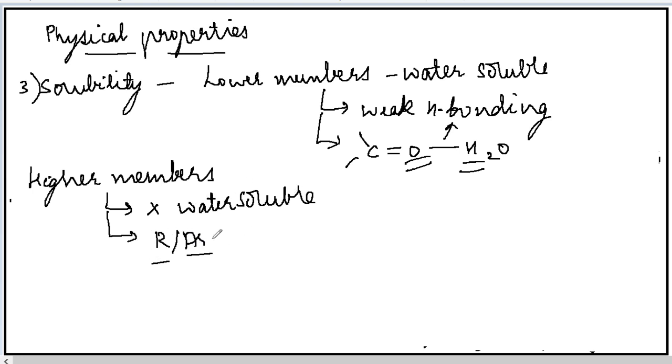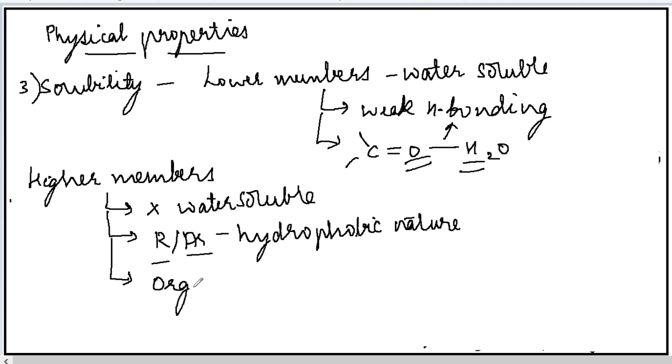As the alkyl and the aryl group becomes larger, their hydrophobic nature also increases, that is, now they start repelling the water. If they have a small alkyl or aryl group, then they will be soluble in water because of hydrogen bonding. But for the higher members, the hydrophobic nature increases, so they are not soluble in water. Instead, they are soluble in organic solvents.